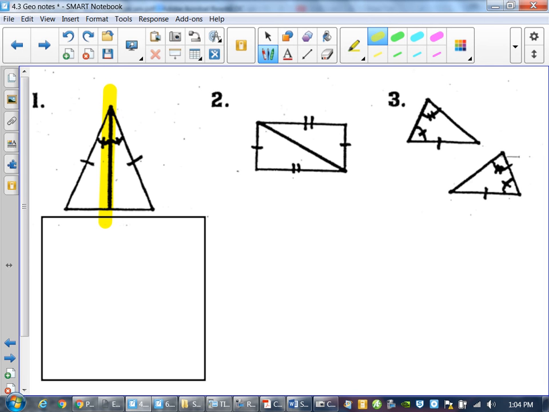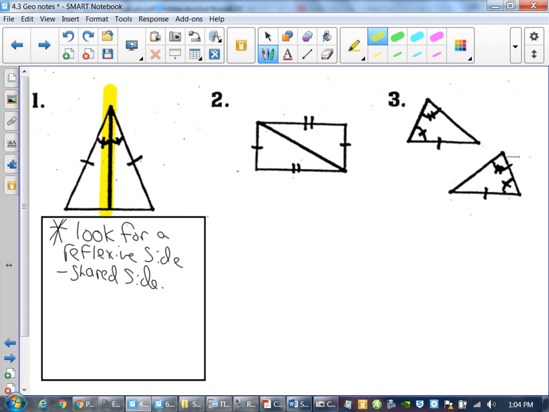That's what we call a reflexive side. So I want you to put in here a little reminder: look for a reflexive side. Now, a reflexive side is a shared side.